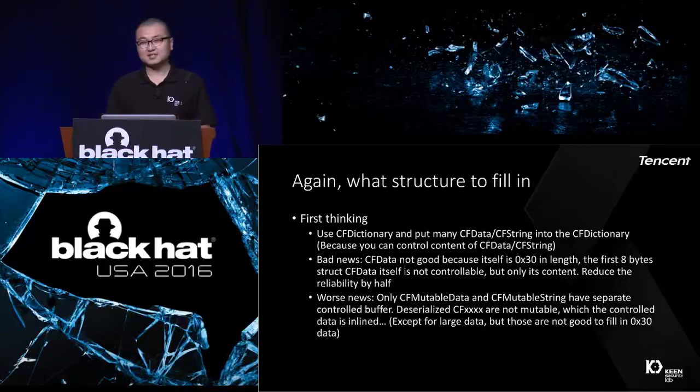But we find that is not feasible because when you send those messages to the target process, those are considered as a constant, which means the metadata, the real data, is actually inlined in that struct, which means that the first 8 bytes is also always the metadata of those CF messages, which is very bad.